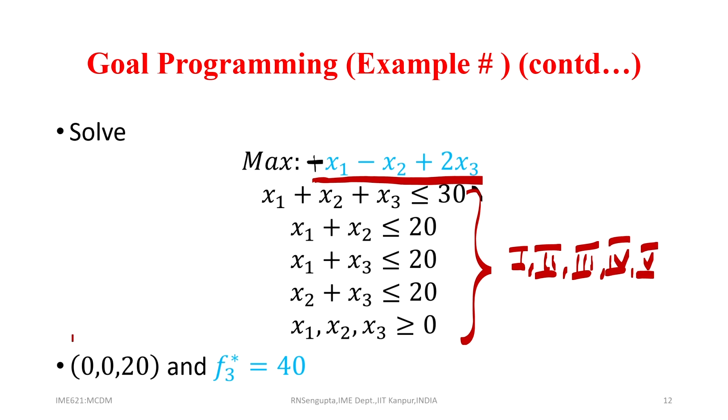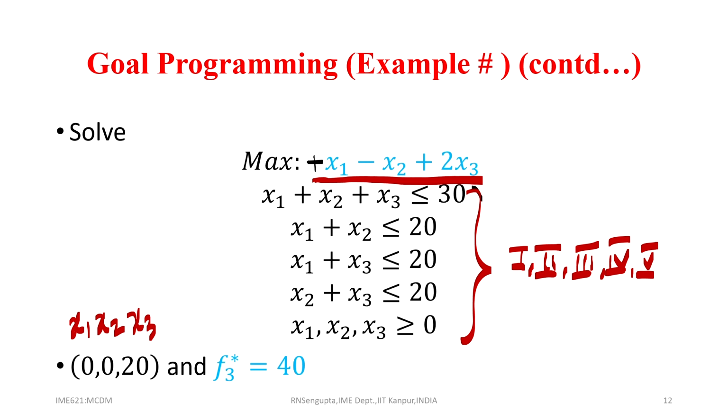When I solve it, x 1 which was first 20 is now 0. x 2, which in the first problem, objective function 1, was 0, and in objective function 2 was 20, is now 0 for objective function 3. And x 3, which was 0 in both the cases, objective function 1 and objective function 2, is now 20 for objective function 3.